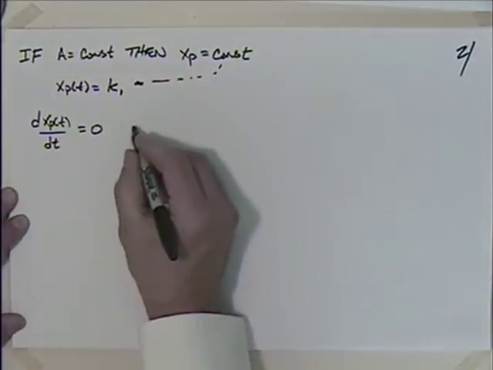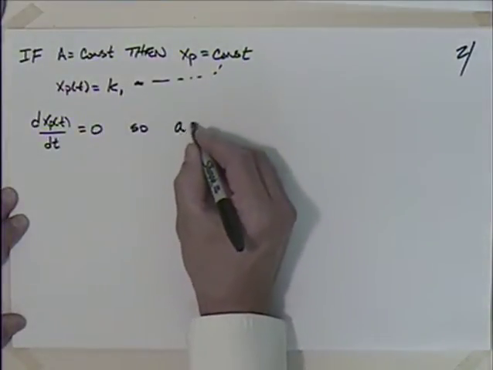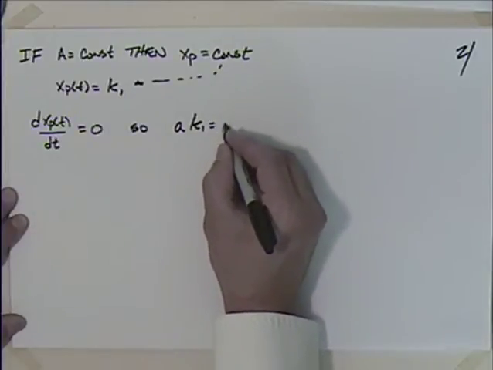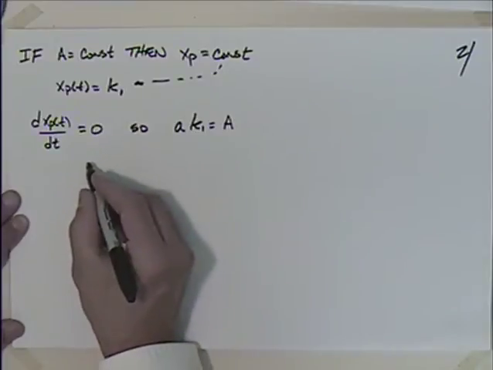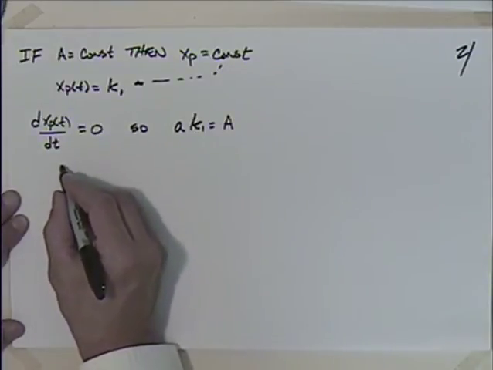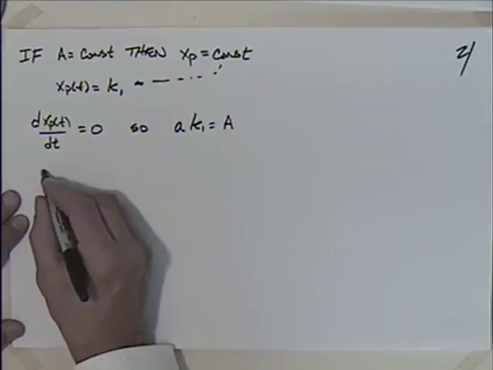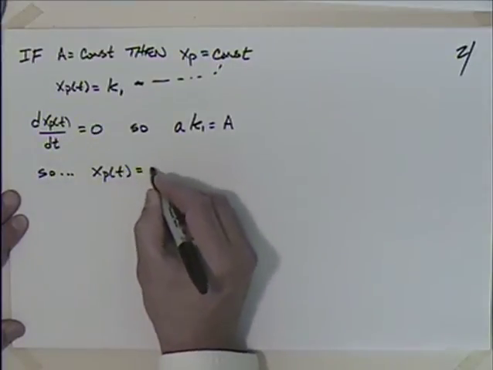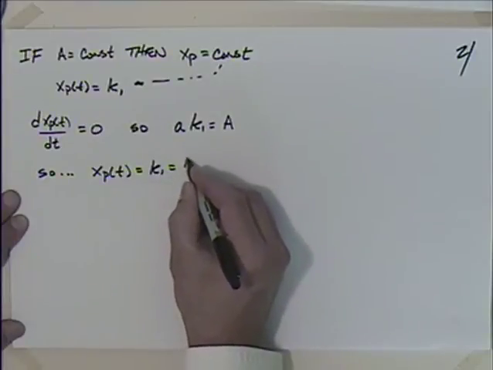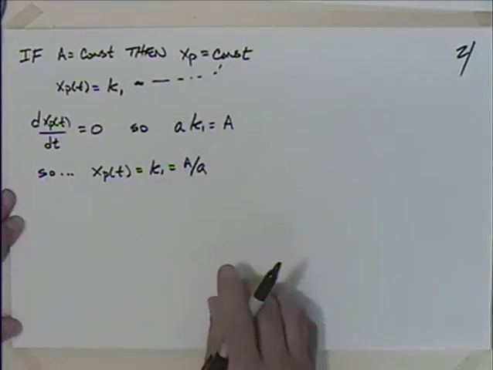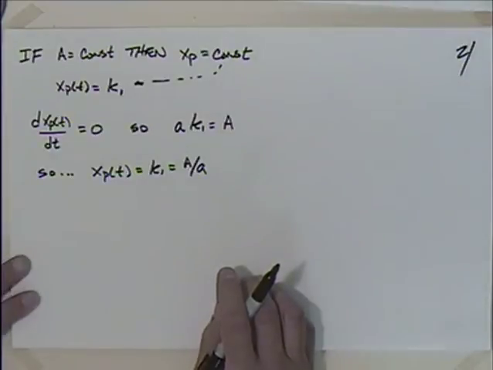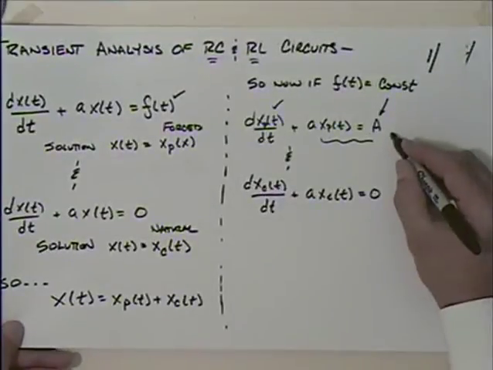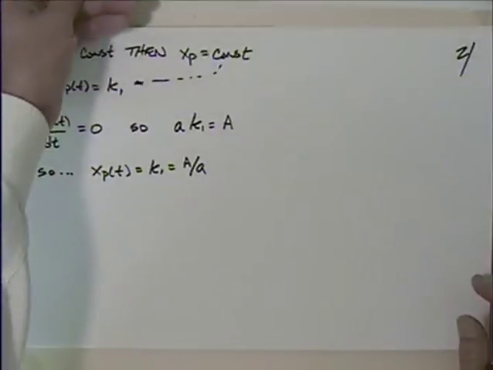So I've got a k1, that was our substitution there, is equal to the constant a, or that the particular solution is equal to k1, which is equal to a, the constant, divided by a lowercase a, and we'll address what that is in just a little bit. But let me go look at this. We've talked now some about this one. Let me go look at the homogeneous case.